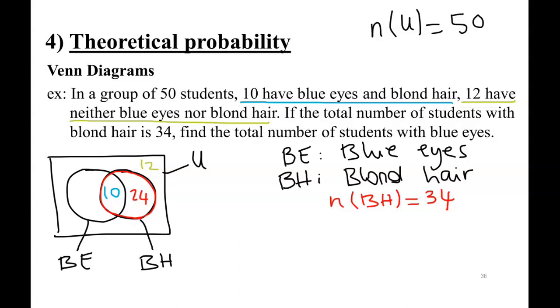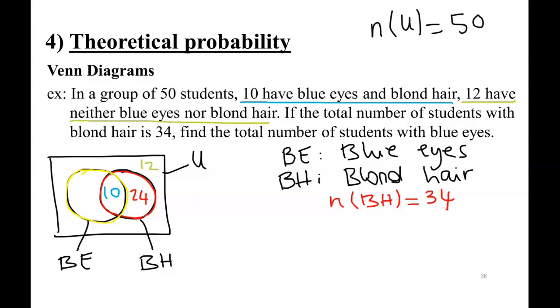So finally, they're asking for the number of students with blue eyes. So the number of students with blue eyes basically is everything we have inside this domain here. So over here, I already have 10 of them placed. So all I need to do now in order to find the number of students with blue eyes is to determine how many students have blue eyes and not blonde hair.